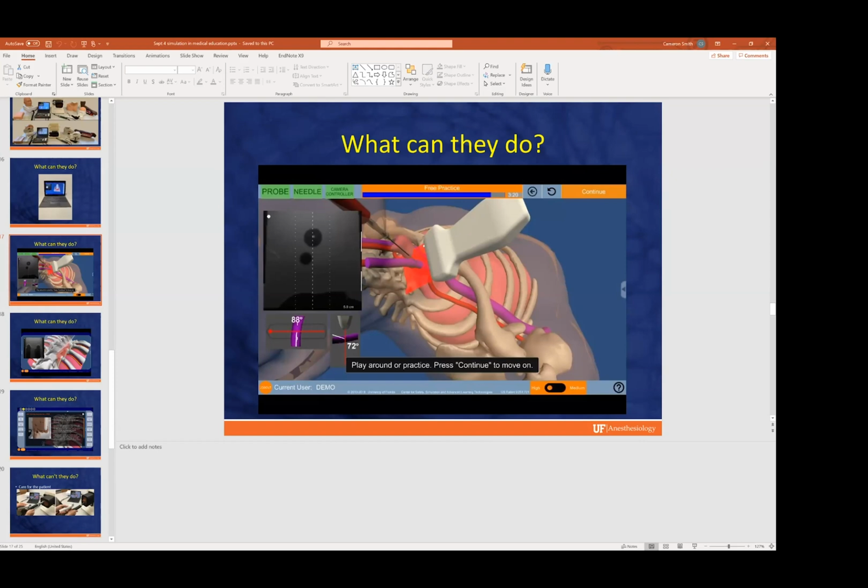At the concept level, some of this is proprietary technology, so making it truly open access is probably not going to happen. But it is what would be more appropriately called open source. So the software, what's called a software development kit, we would be happy to make available to people, and they can build their own simulators for whatever body parts they would like to do.